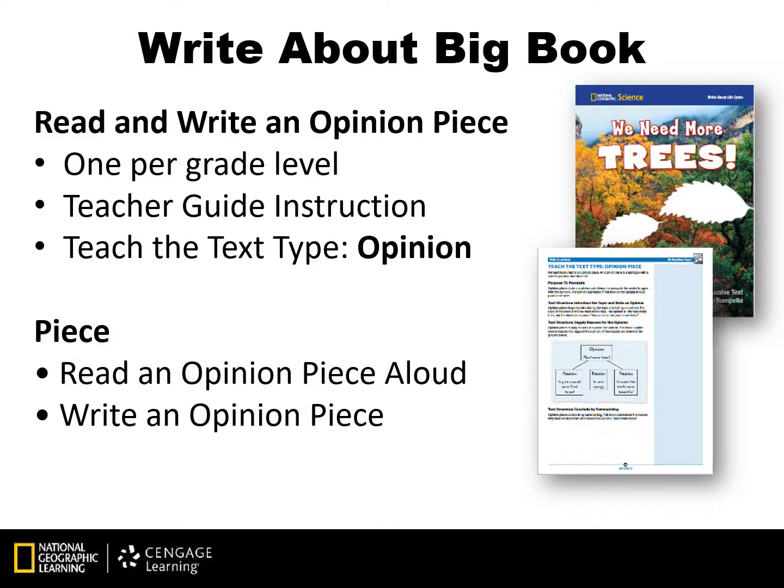Finally, also for grades K through 2, you'll have a Write About Big Book. This includes one writing mentor text for each of the grades K through 2, and it provides student support for reading and writing an opinion piece.